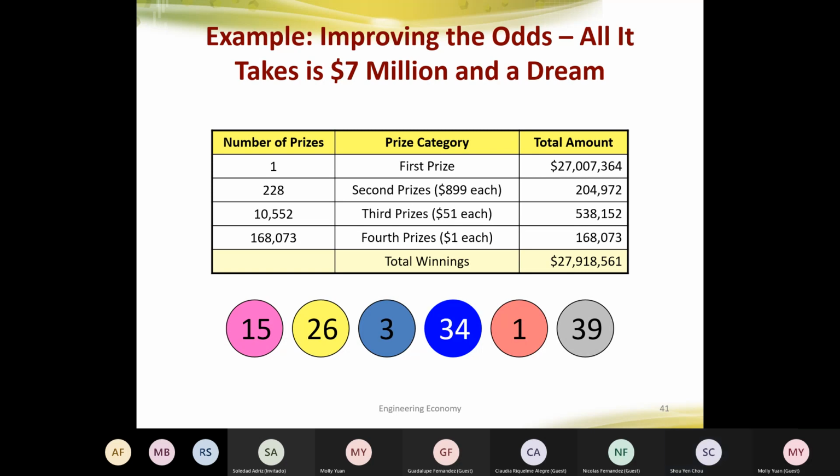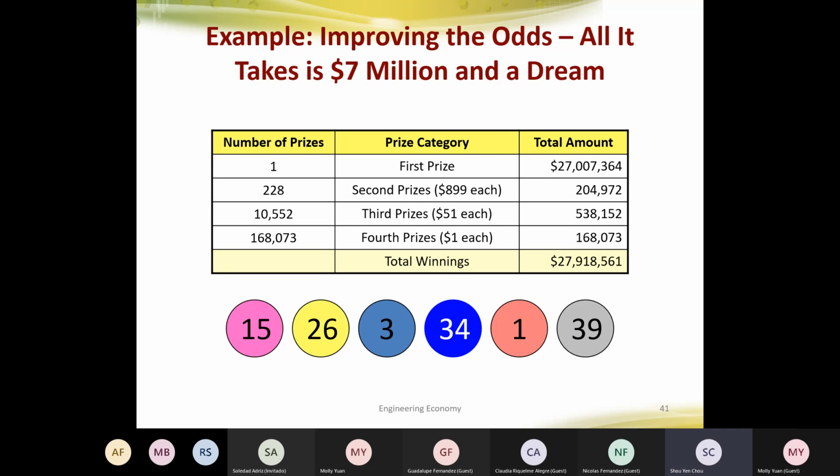Amazing, right? If the 6 numbers are identical to the ones you have, then you get a lot of money. And the second prize is if you match a certain number, and there are 228 possibilities.